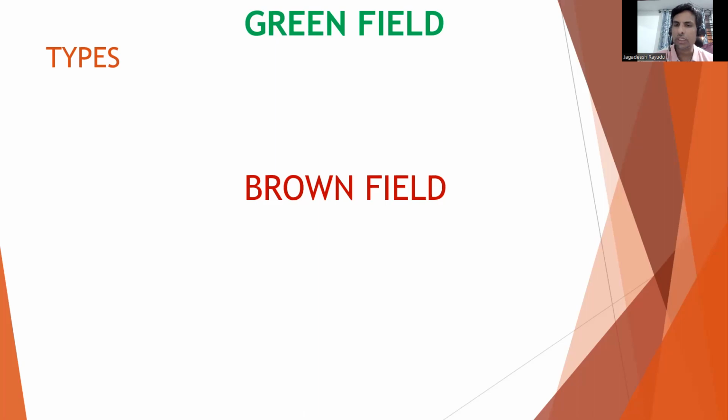So that you can also call a brownfield, which is ready for repair and ready for extension to other locations. Or else you can say your conversion of the project from ECC to S4, that we can also call a brownfield. Okay, that's good.